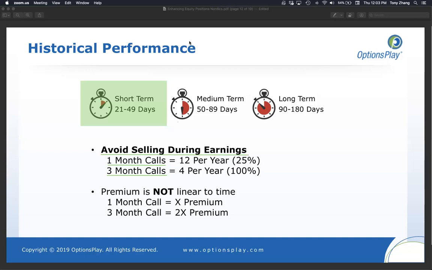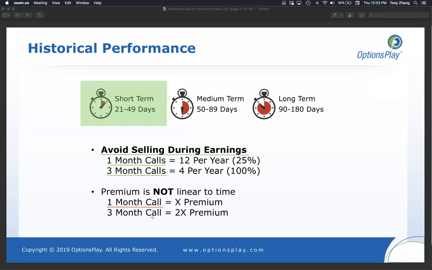But the second reason, and the primary reason why we generally want to sell short-dated options, is because the premium or the income that you receive is not linear to the amount of time that you go out. What do I mean by that? That means that if you sell a 1 month call, let's say you collect 2 crowns for that.